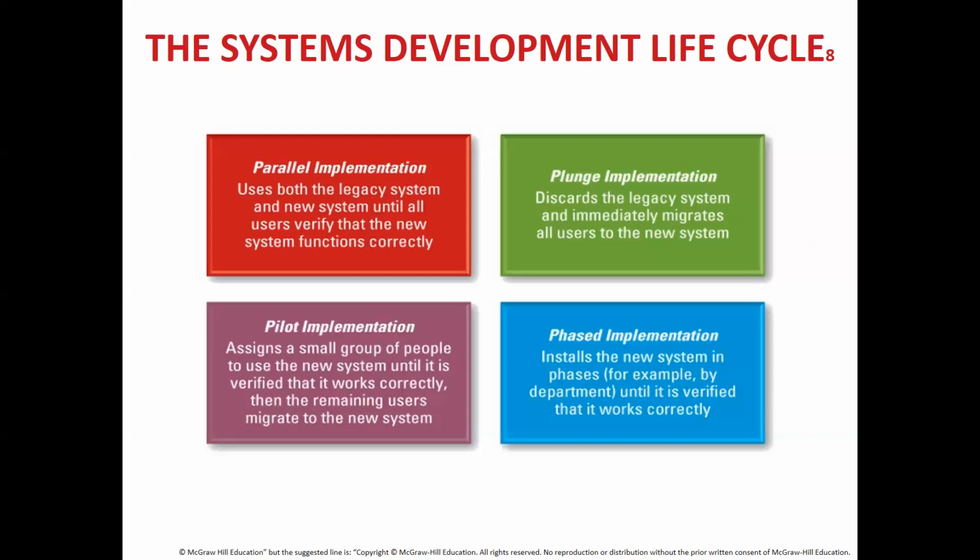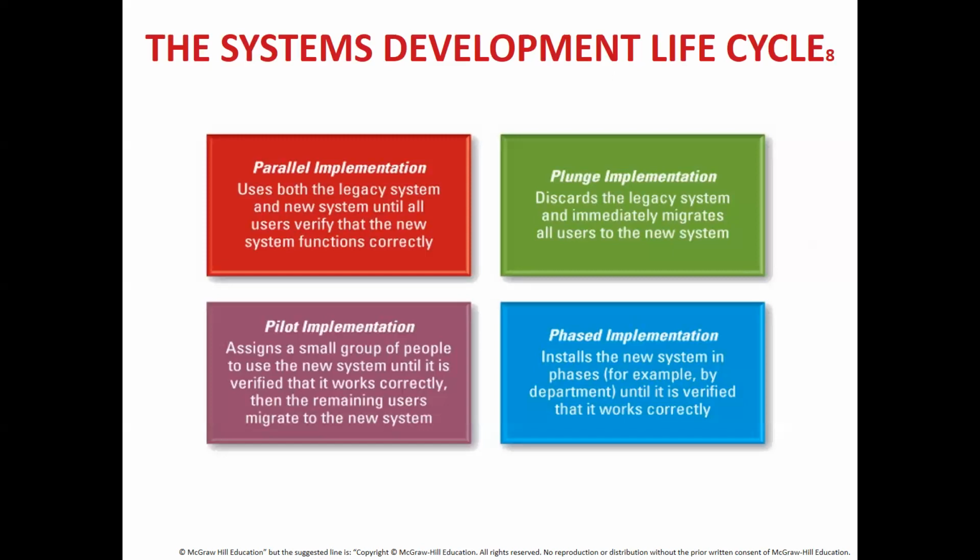Phase implementation installs the new system in phases, okay? For example, by department, until it is verified that it works correctly. So unless and until the new system has been confidently verified that it works well, okay, and then it has been replaced.